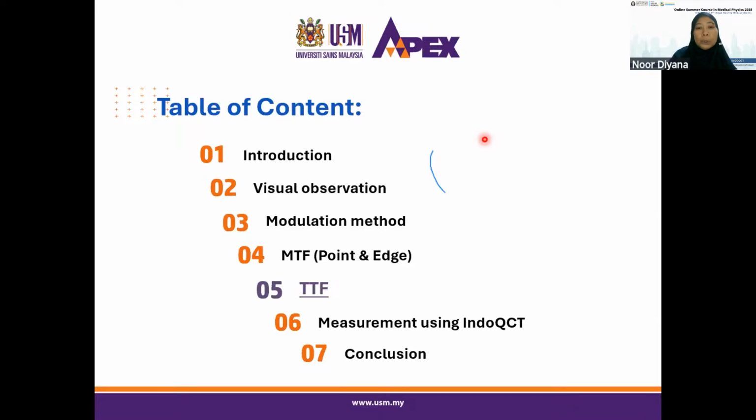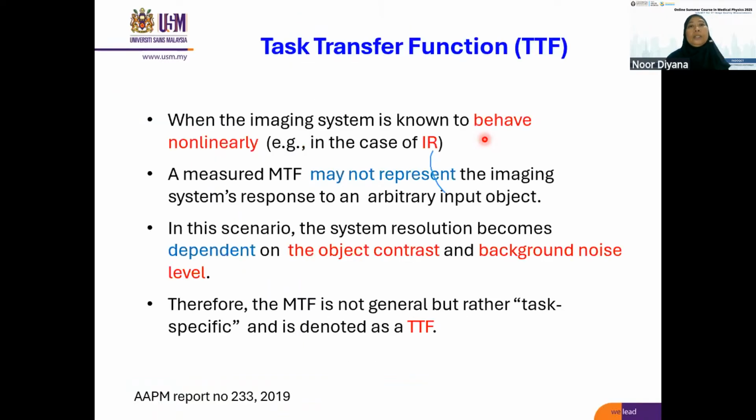So now I go to TTF, the task transfer function. For example, when the imaging system is known to behave non-linearly, MTF may not represent the imaging system response. In this scenario, the system resolution depends on the object contrast and also the background noise level.